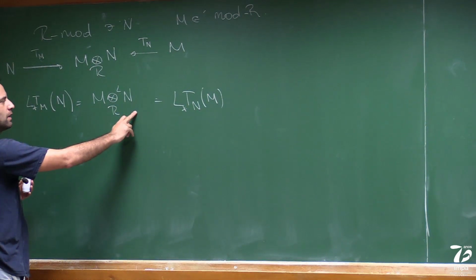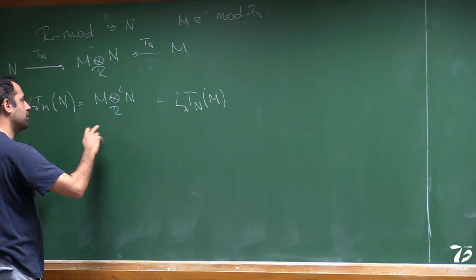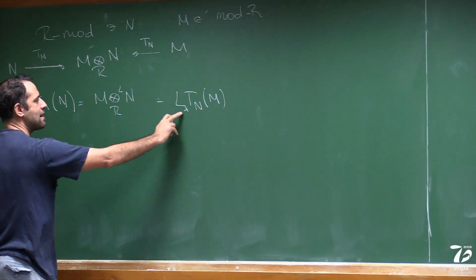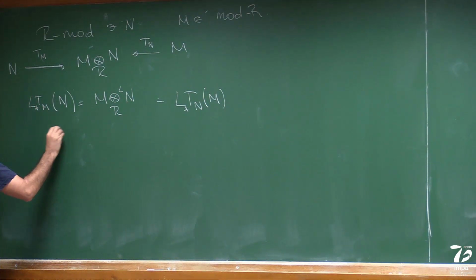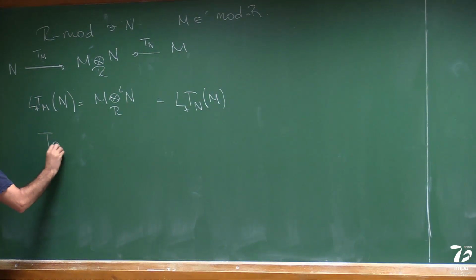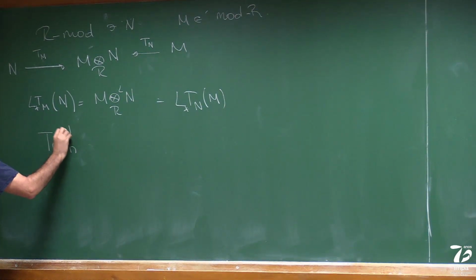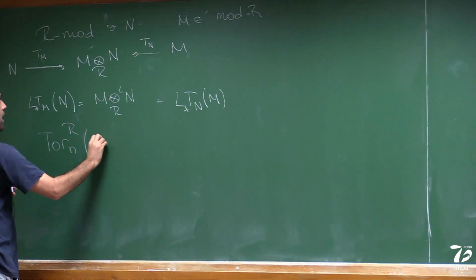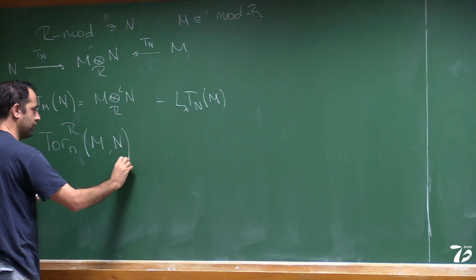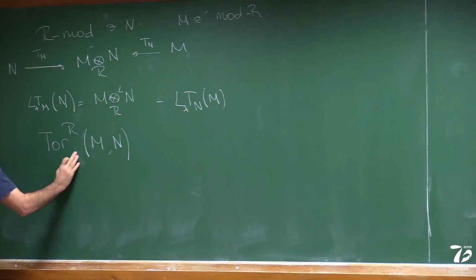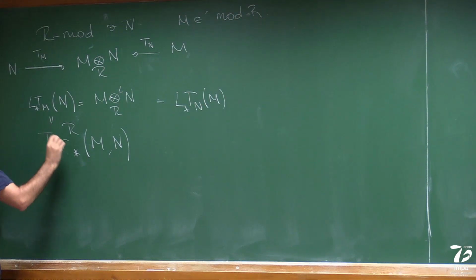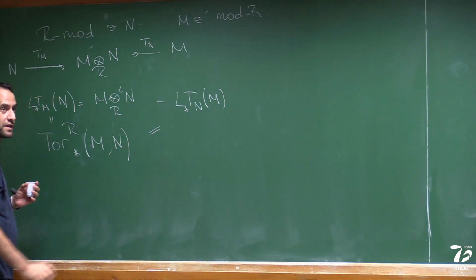And this is the complex whose homology, if I look at the nth left-derived functor, has a name, and people typically write this as Tor_n^R(M, N). So this is just a name for both of these groups that I've shown were the same.